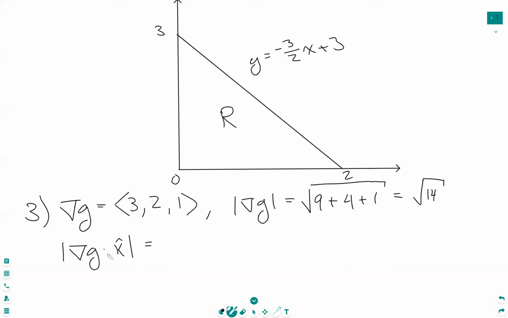So now we're looking at the dot product between the gradient of G and this k hat. Remember, because this is what we set for our P. We're going in the z direction for our projection. That means we're just looking at the z component here. So that's the magnitude of 1, which is just 1.